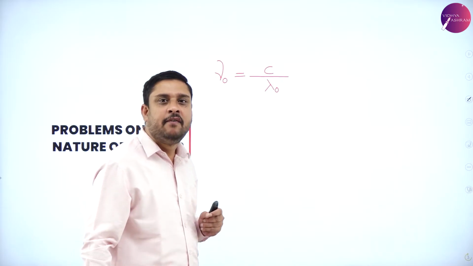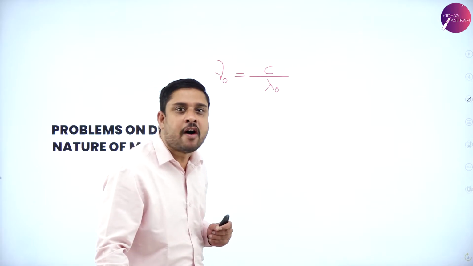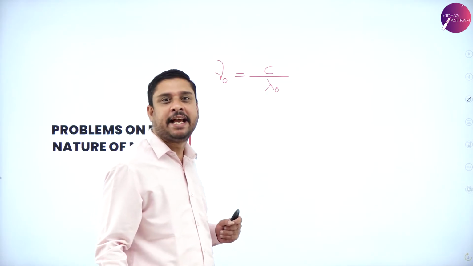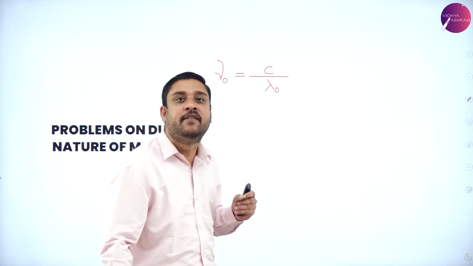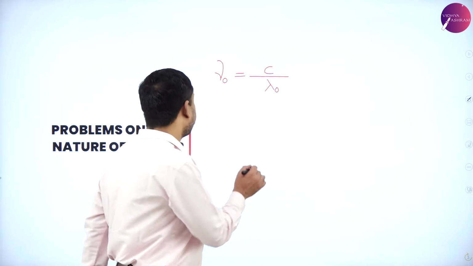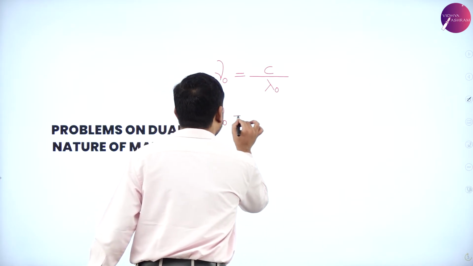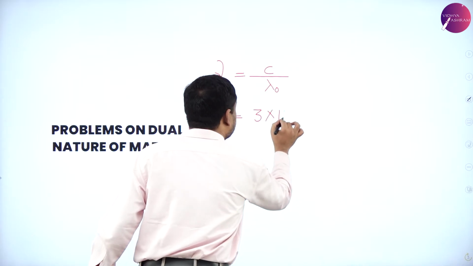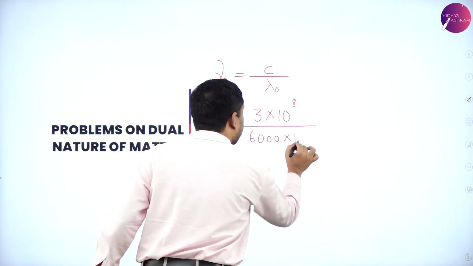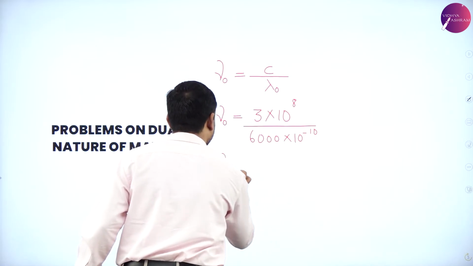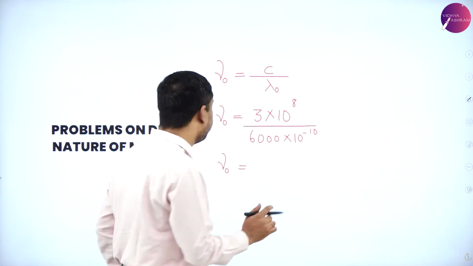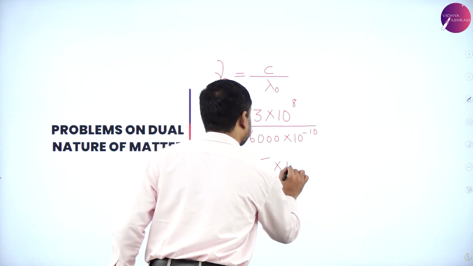So remember, wherever the electrons are emitted with zero velocity, the corresponding wavelength is the cutoff wavelength, which is lambda naught, or nu naught is 3 into 10 power 8 divided by 6000 angstroms into 10 power minus 10, or nu naught is equal to 5 into 10 power 14 hertz.